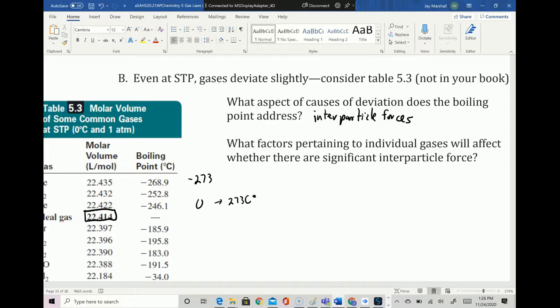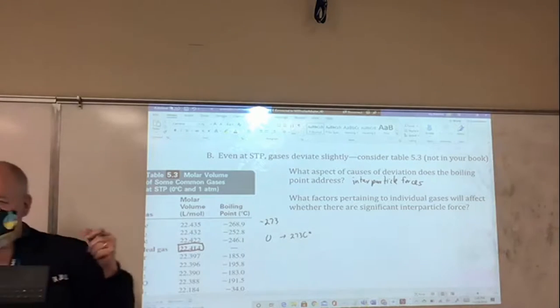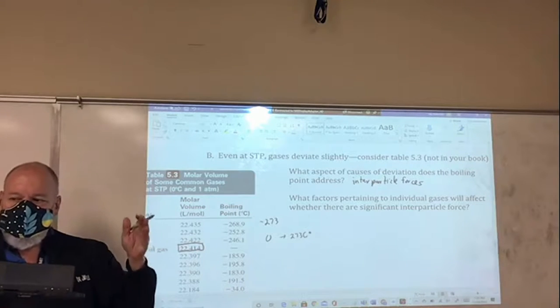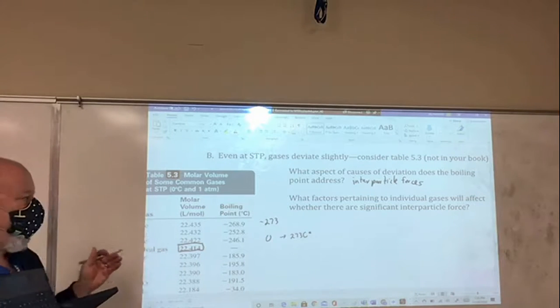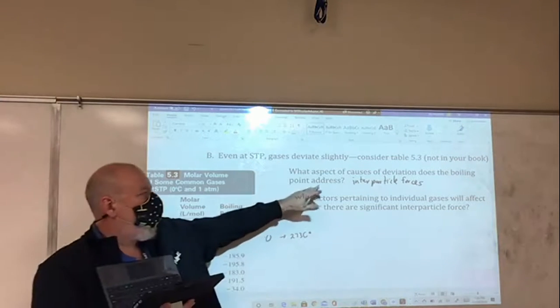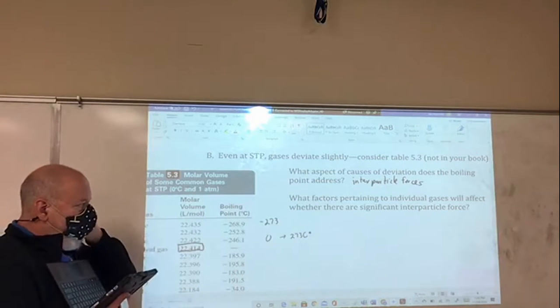All I'm doing is changing the state, going from one state to another. I'm not changing the chemical nature of these things at all. Intraparticle forces relate to chemical properties. If I break intraparticle forces, I change the chemical properties. If I break interparticle forces, I change the physical properties.